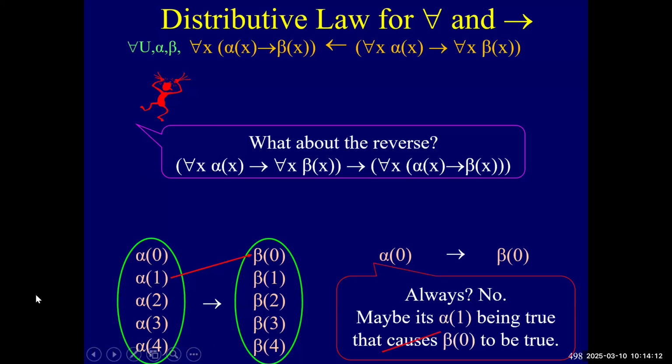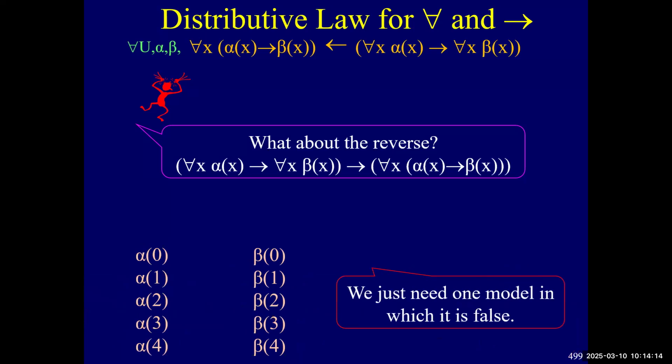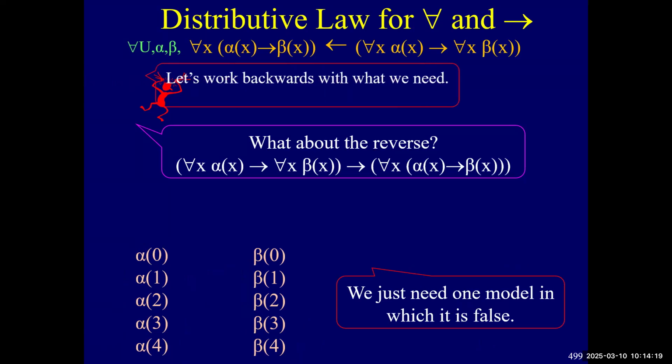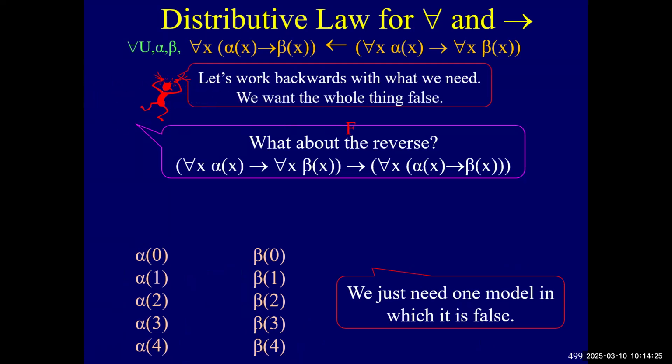All right, so we have to come up with one model in which it's false. This is what you might have to do in a test, on a piece of paper by yourself, and I give you plenty of scrap paper. You can think, I want to make the whole thing false.